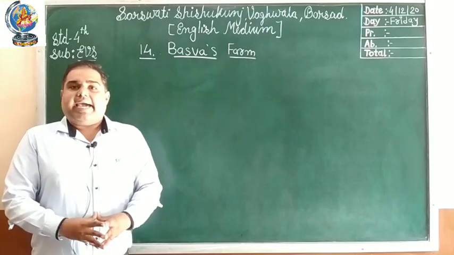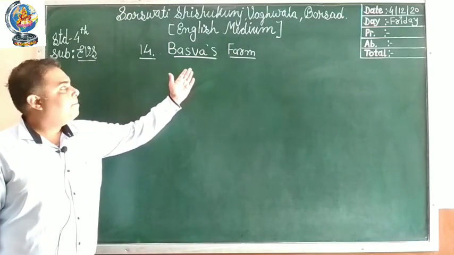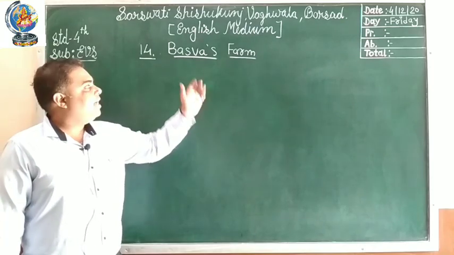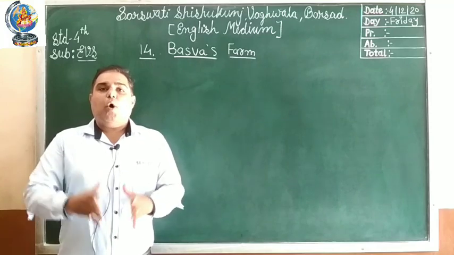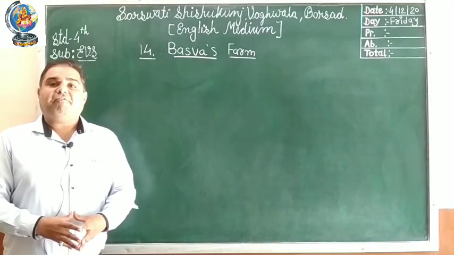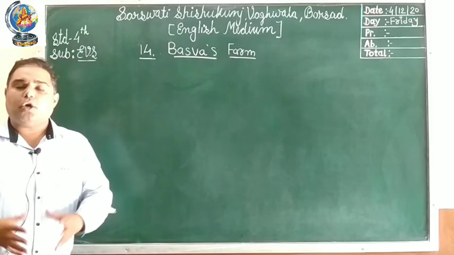Students, as the title of the chapter is Basva's Farm, you must have known that Basva is the name of a boy. His father is a farmer. Father is growing onion crops.